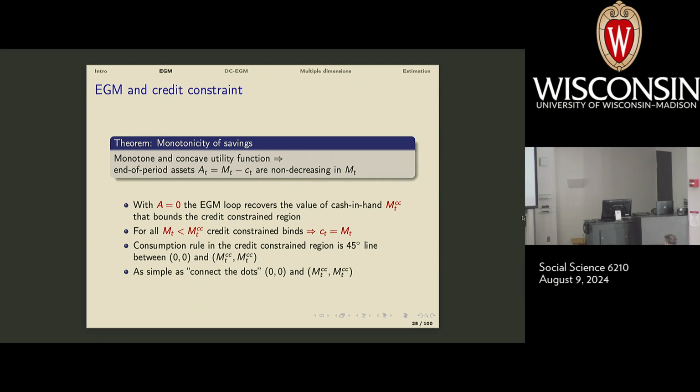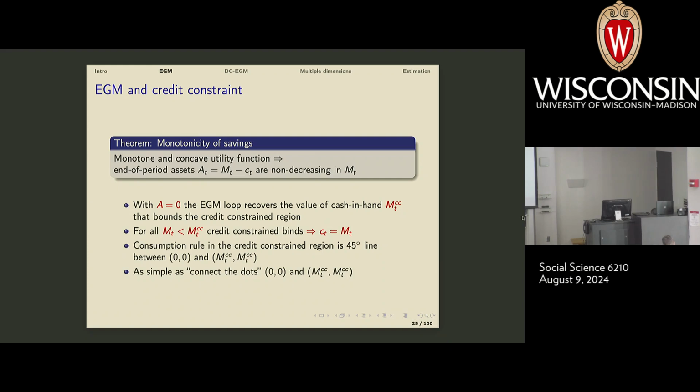What that implies is that we can now be a little bit more specific about how we go through different values of A when we do the EGM step. For example, if we start with A equals 0, then the EGM will return a point that is defined by the interior solution at the point of wealth where it's optimal not to save anything. Does it make sense?